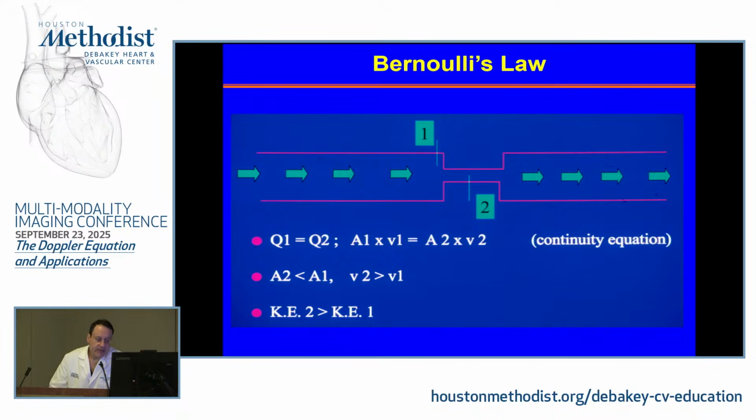And then we said flow is given by the product of area and velocity. And so this product at point 1 equals that product at point 2. And it follows if the area at point 2 is small, this is the continuity equation that we rely on to calculate aortic valve area, for example.